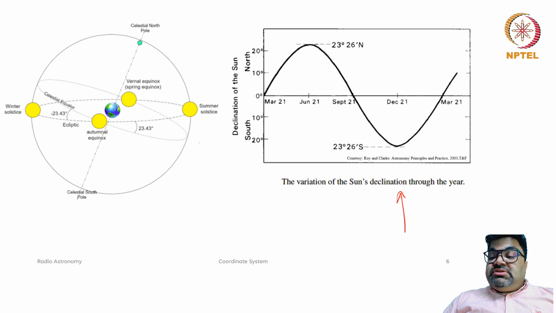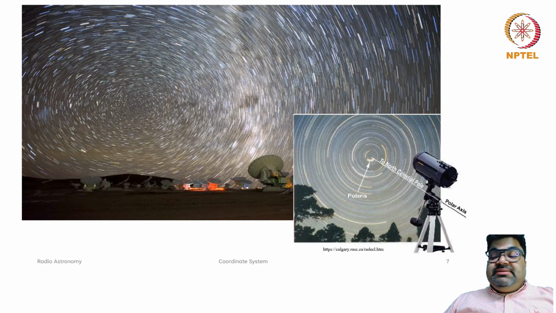And so that coordinate system, or different coordinate systems based on the celestial sphere, is how we can track a star or a galaxy or a cosmic source on the sky. So we'll come to the discussion in the later slides.